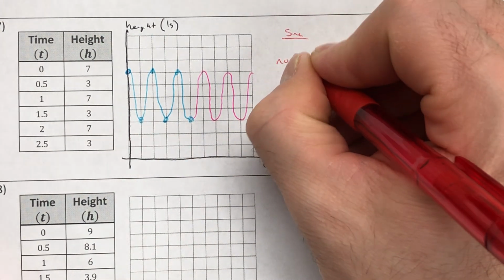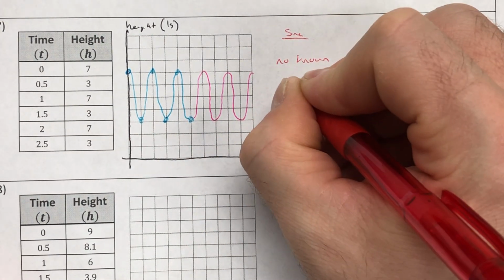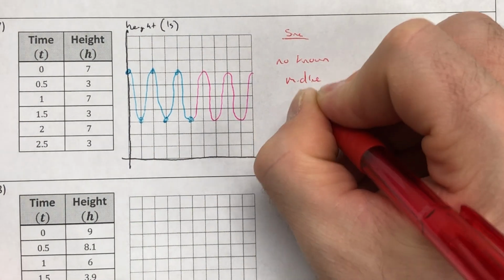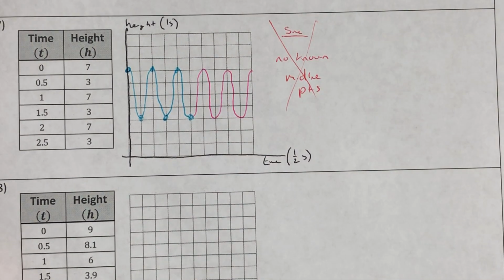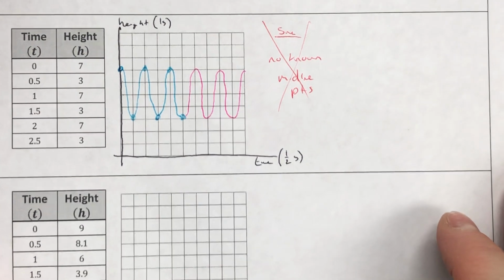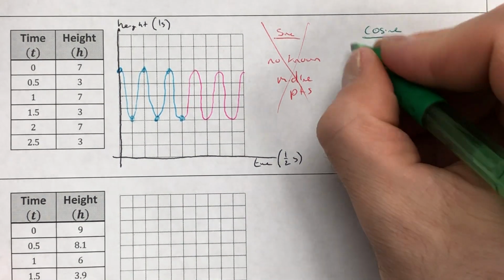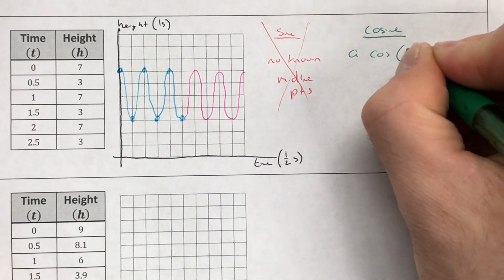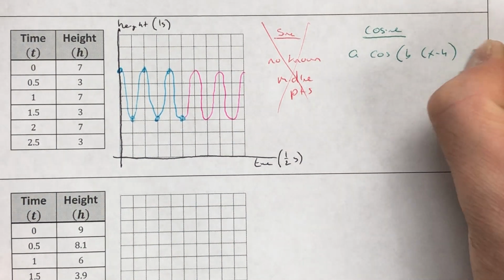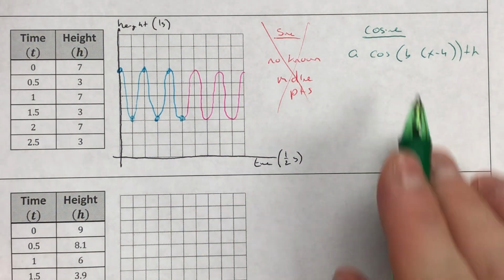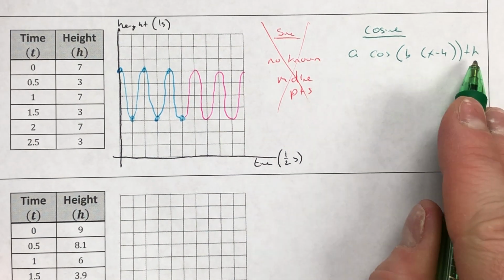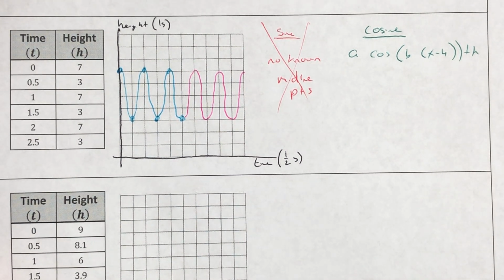So we have no known midline points. I'm going to yet again stick to a cosine graph. A cosine of b, x minus h plus k.